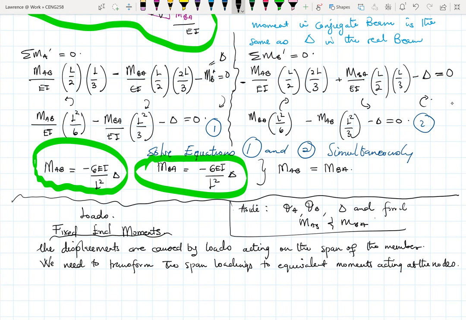So the idea is that we take the loads acting on the spans, and then see how we can convert these loads into the end moments. So that's the idea. So we find the reaction moments at the nodes.